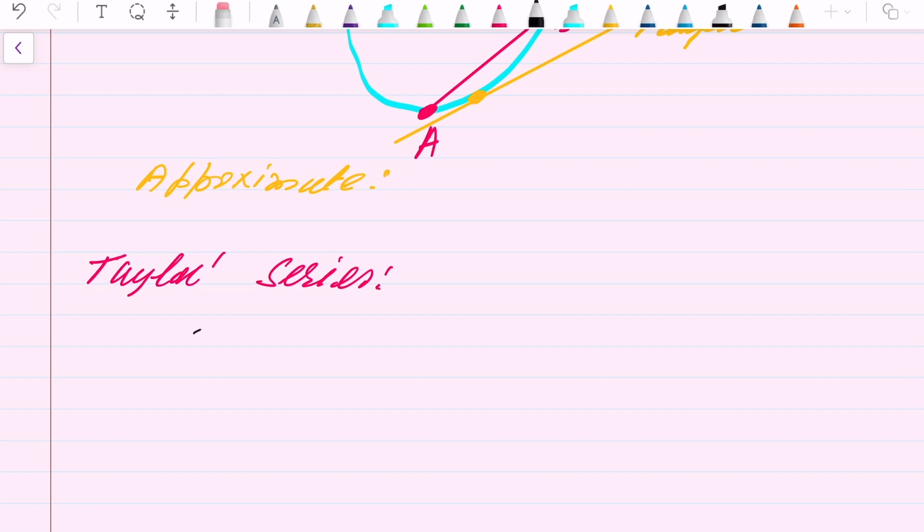Let us say f(x) be any continuous function which can be differentiated infinitely.